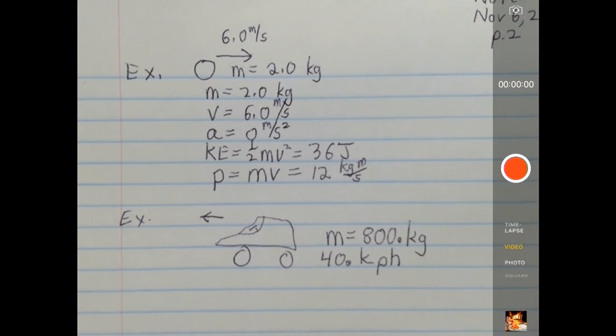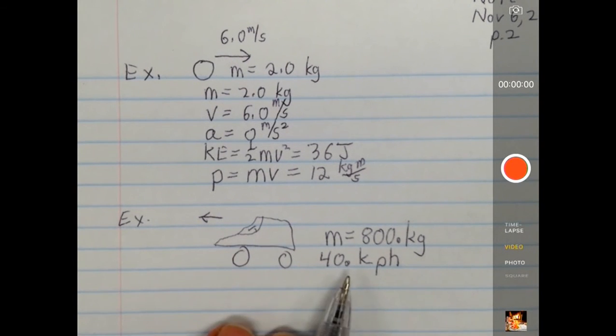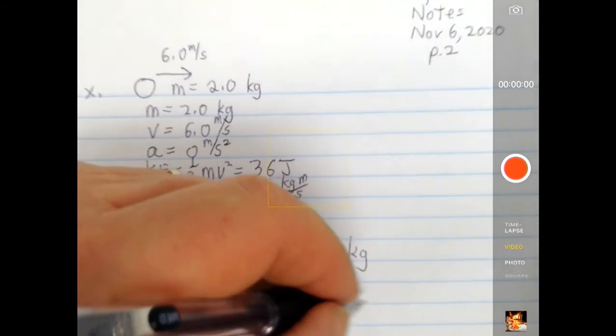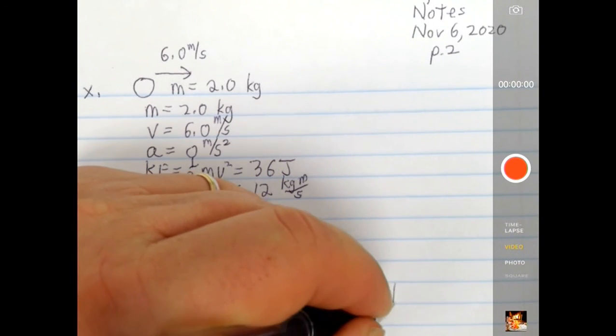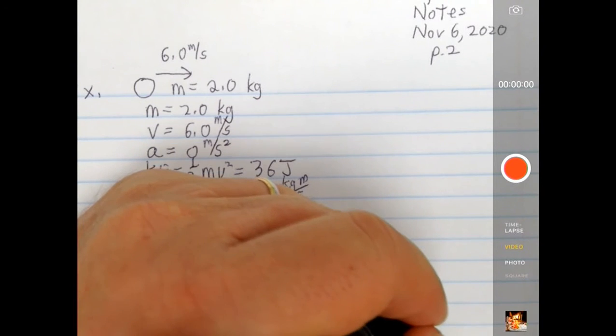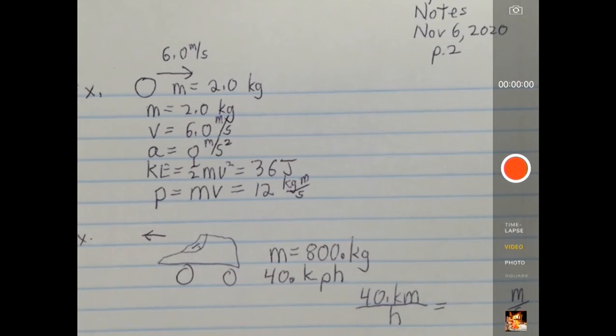Kilometers per hour. Because I love torturing you students with having you do unit conversions. If it's a kilometer per hour, that is not a meter per second. You need to convert it. Yowzers. 40 kilometers per hour converts to how many meters per second?